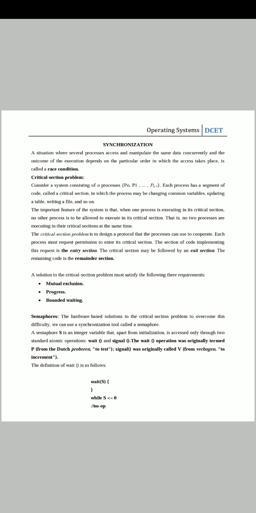The third requirement is bounded waiting. There exists a bound or a limit on the number of times that other processes are allowed to enter their critical section. It means that every process has a limit on entering its critical section, and if they enter more times, the operating system should not allow such processes to enter the critical section.